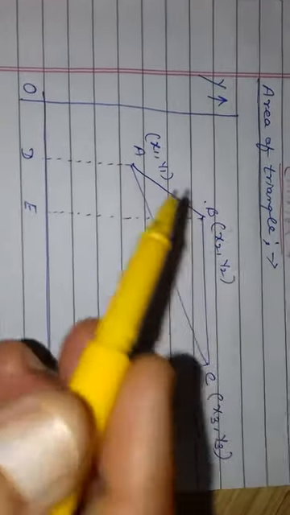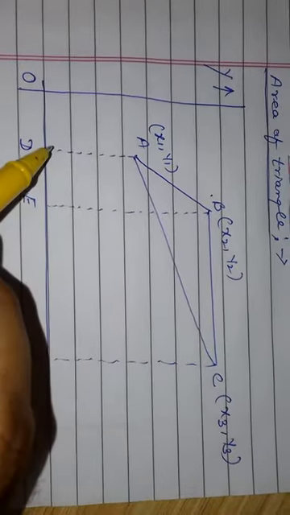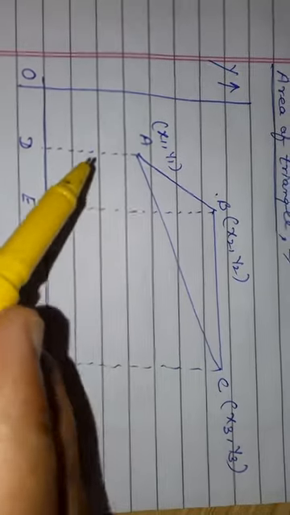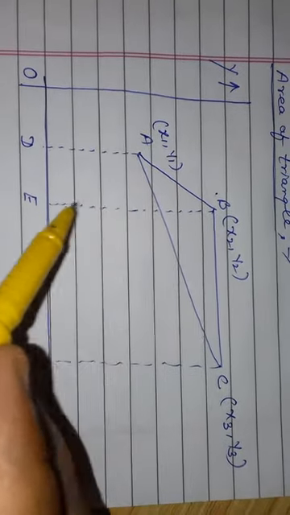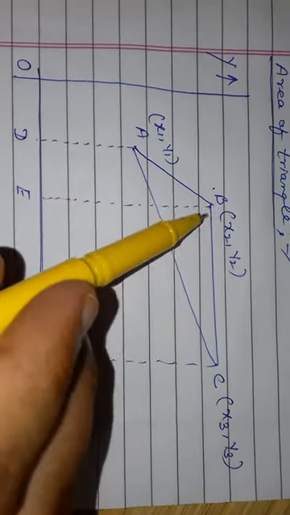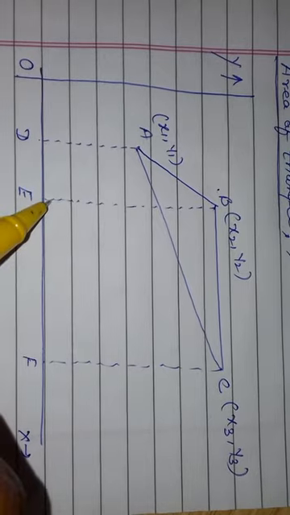Now this whole area contains two trapezium. One trapezium is ABED, and the second trapezium is BCFE.